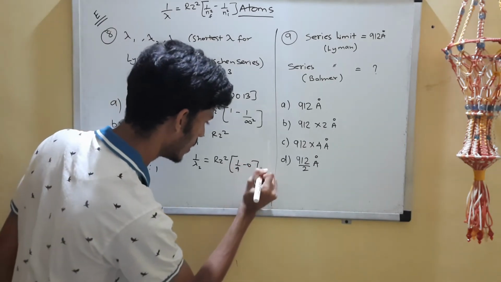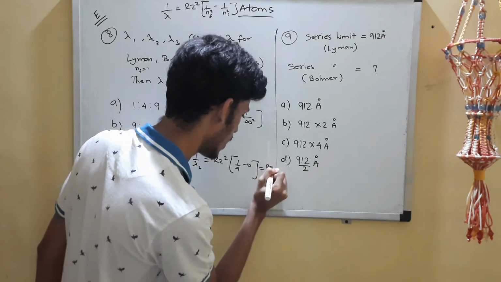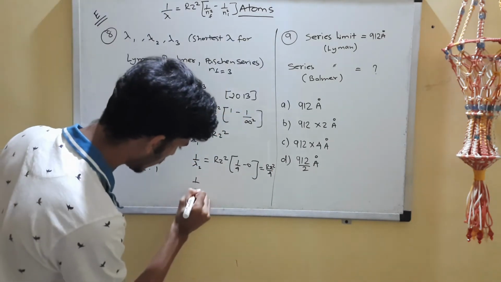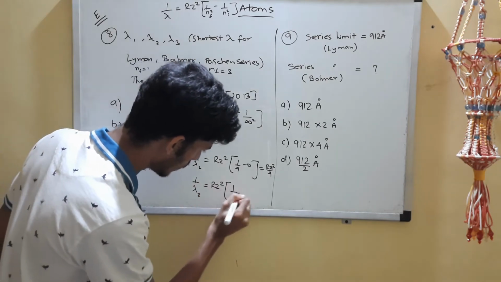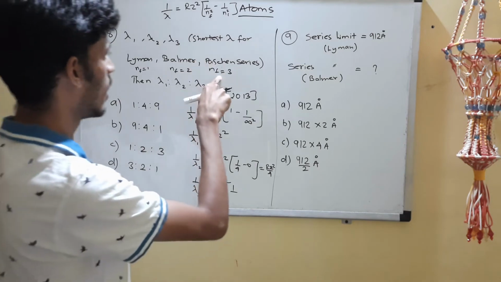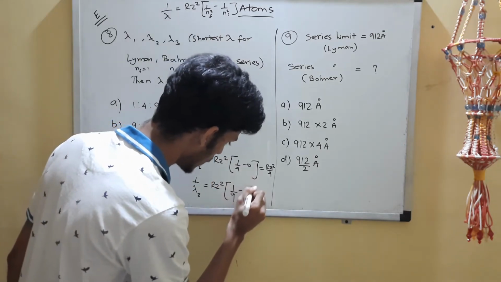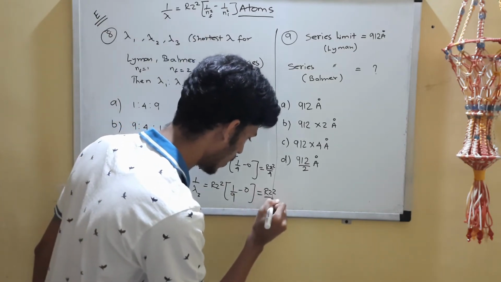I'll write 1 by 4 minus 0, so this is rz square by 4. Now again you can write 1 by lambda 3 for the third one, rz square into 1 by nf square. Nf for this one is 3, so that is 9, minus 1 by infinity square, which is again 0. So rz square upon 9.